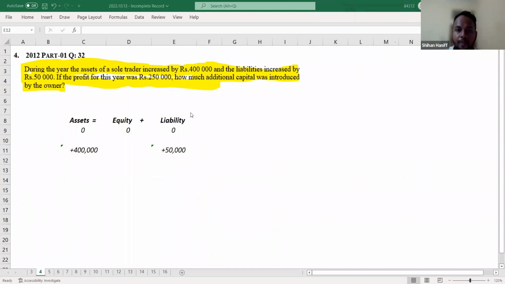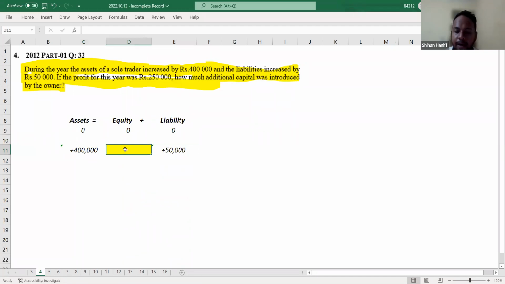Let's say the assets increased by 400,000, from 0 to 400,000. Liability increased by 50,000. Okay. Then if this is 400, this is 50. What is the equity? Because 400,000 equals equity plus liabilities.